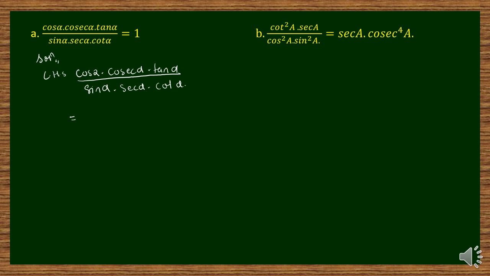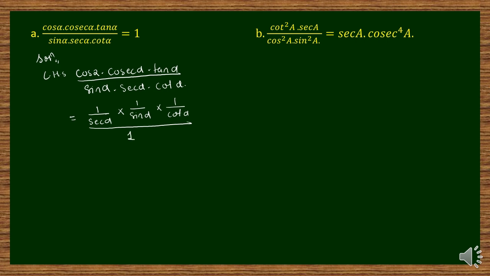So let's change the numerator here: cos alpha equals 1 by sec alpha, cosec alpha equals 1 by sin alpha, and tan alpha equals 1 by cot alpha, whole divided by, now this is converted in the form of fraction.